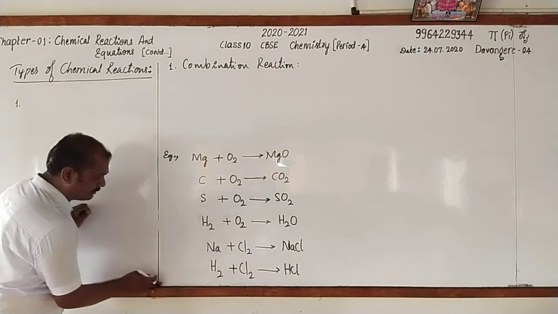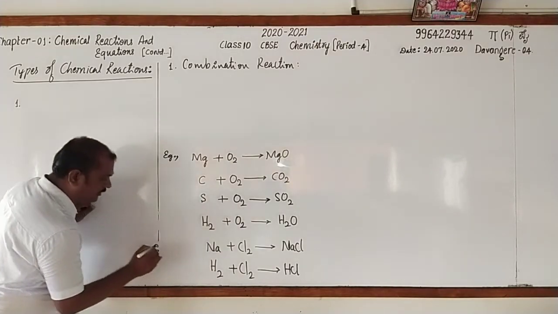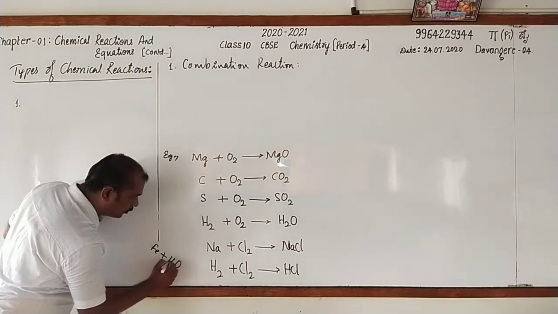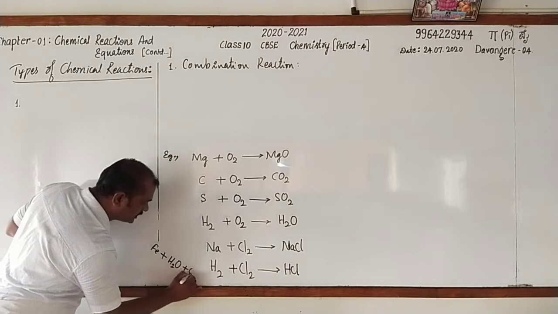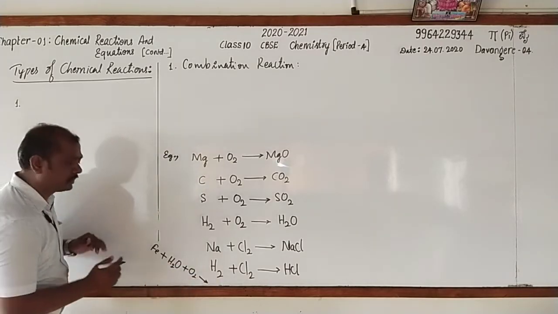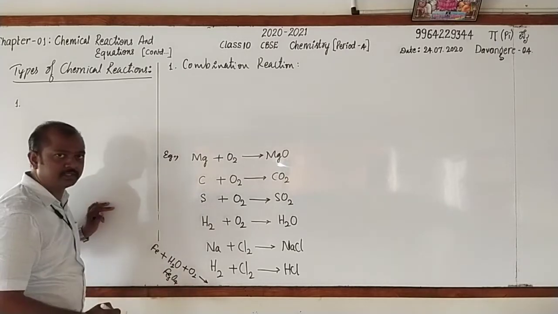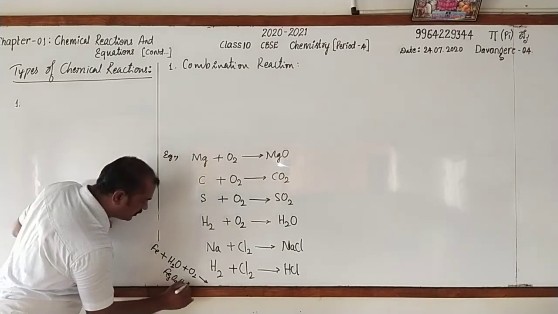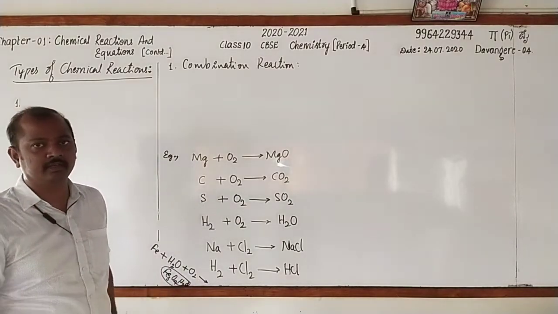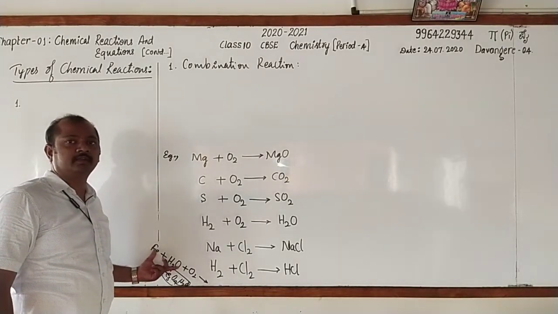One simple example which I learnt in 8th standard: iron reacts with water as well as oxygen present in the atmosphere and produces Fe3O4, H2O. It is rust, hydrated iron oxide. Clear? See that here more than two reactants are there.